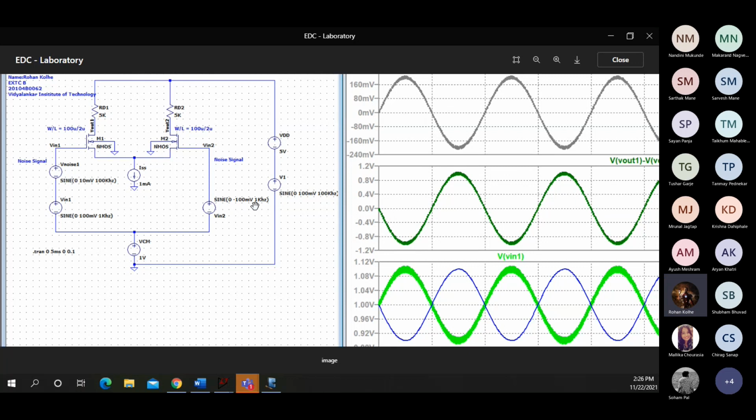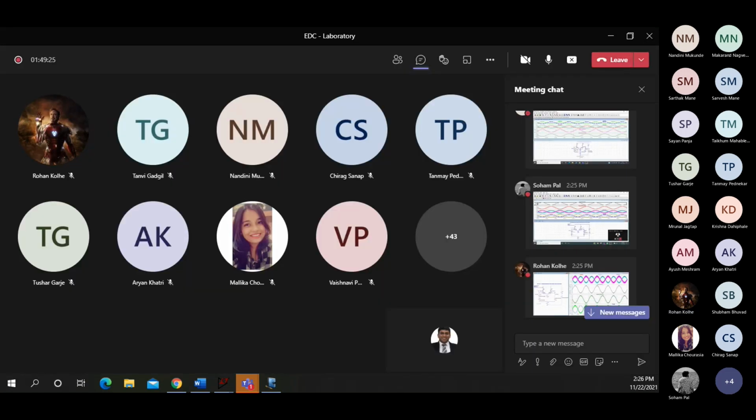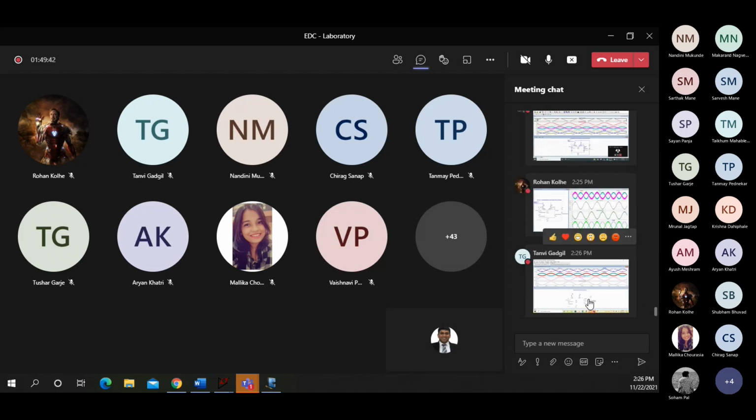Yes, sir. So the differential amplifier fails to remove the noise. Yes, yes, because symmetry got violated. This amplifier works based on the principle of symmetry. If symmetry is violated, the noise will not be removed. It does not filter out the noise, but it cancels out the noise. Okay, sir. Understood.